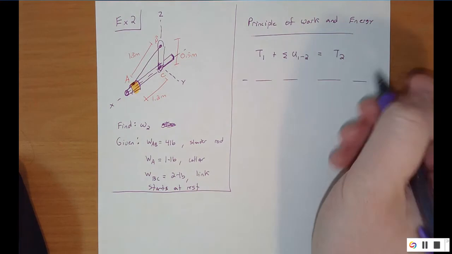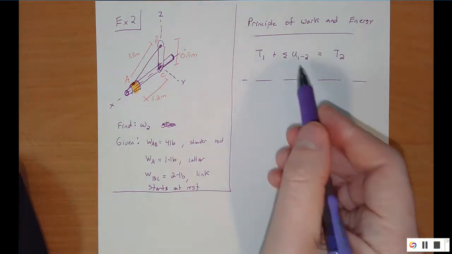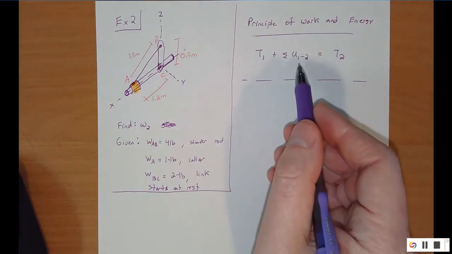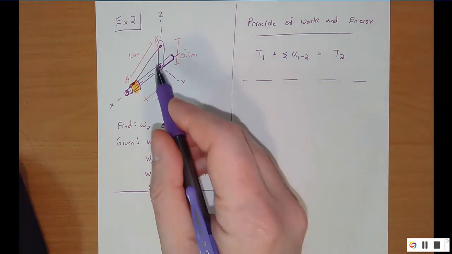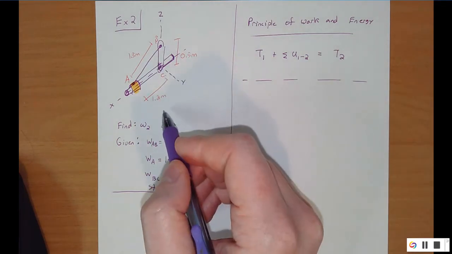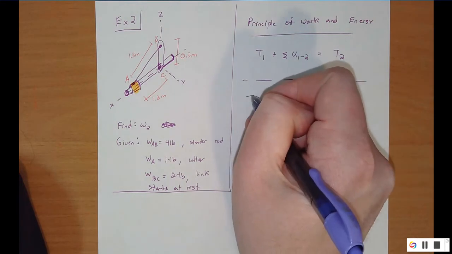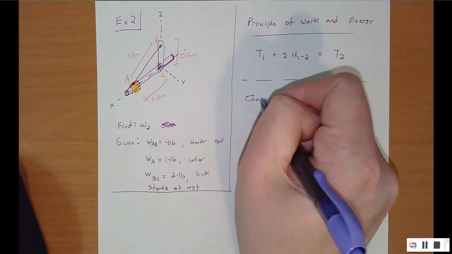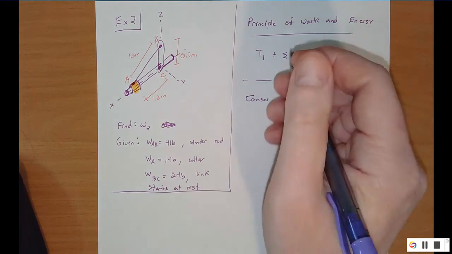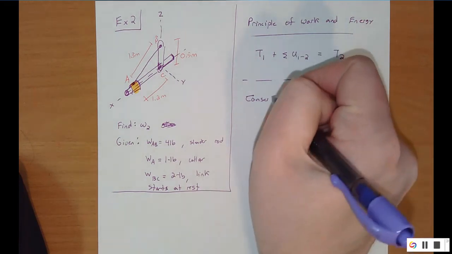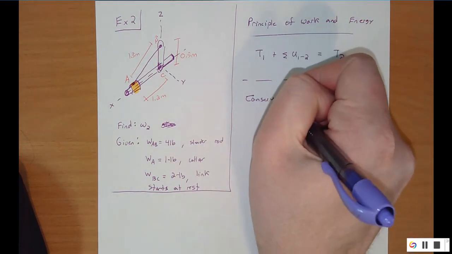And then if we can treat some of our work as done with forces that are conservative, so things like a mass moving from one height to a new height or an elastic member, then we can change this to conservation of energy. And this is the one that I prefer to use when possible.